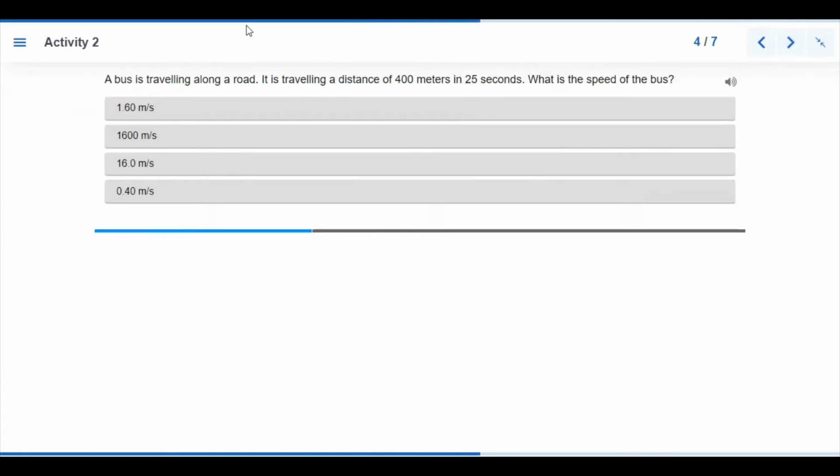Activity 2. A bus is traveling along a road. It is traveling a distance of 400 meters in 25 seconds. What is the speed of the bus? Just like what we've done before, speed is distance over time.